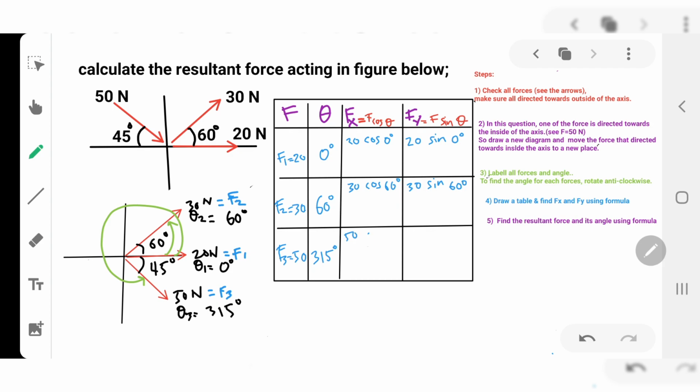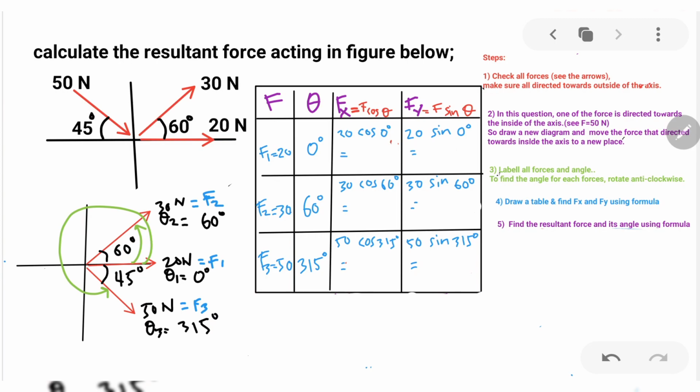Then 50 cos 315 degree and 50 sin 315 degree. Alright, find the value for each of these resolutions of forces using your scientific calculator. Okay, so find the value for Fx and Fy.